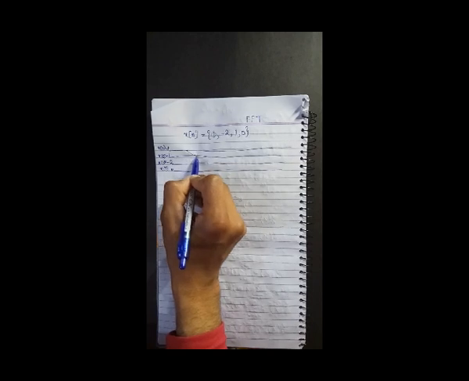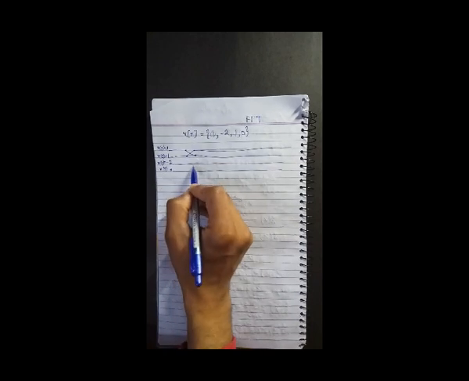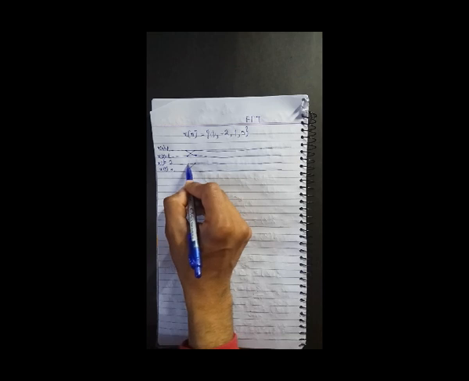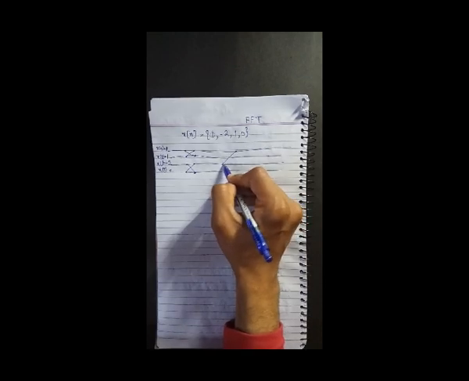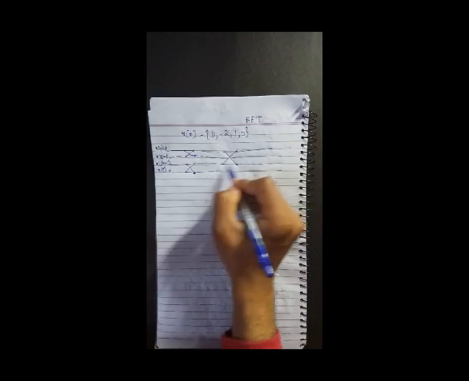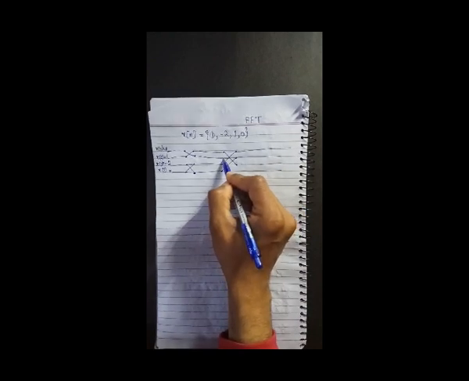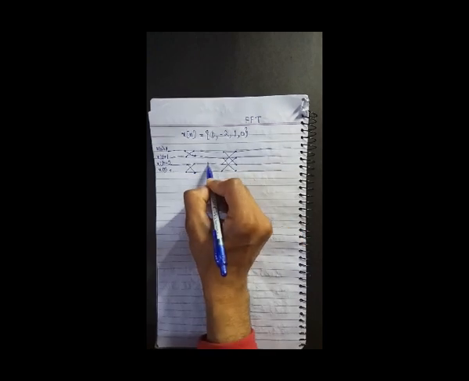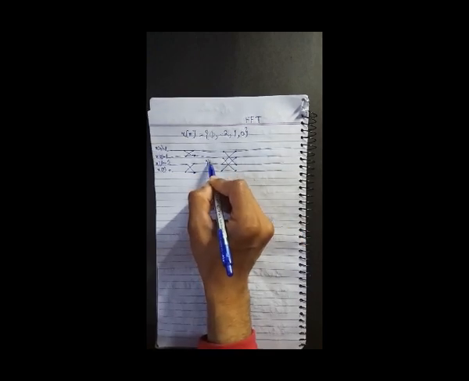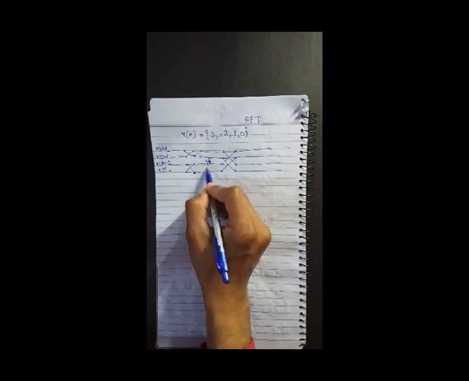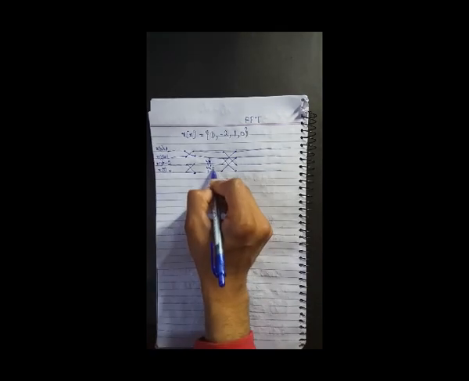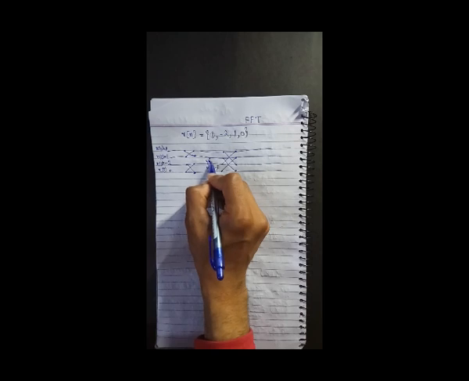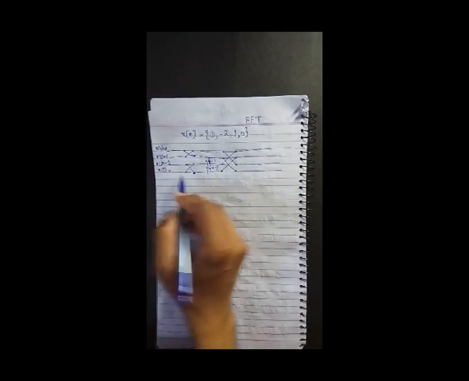Now we will make a cross like this. This is the method of FFT, fast Fourier transform, and then join this and skip one line. Join this and this and put here omega of 4 into 0 and omega of 4 into 1, which is equal to minus j, and this is equal to 1.